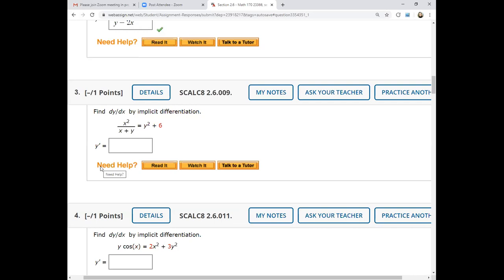Then I'm going to write the left side just like it is, and all I'm going to do is divide by that term I just factored out of dy/dx. So dy/dx will equal 2x squared minus 2xy minus x squared, all over x squared plus 2y times x plus y quantity squared.